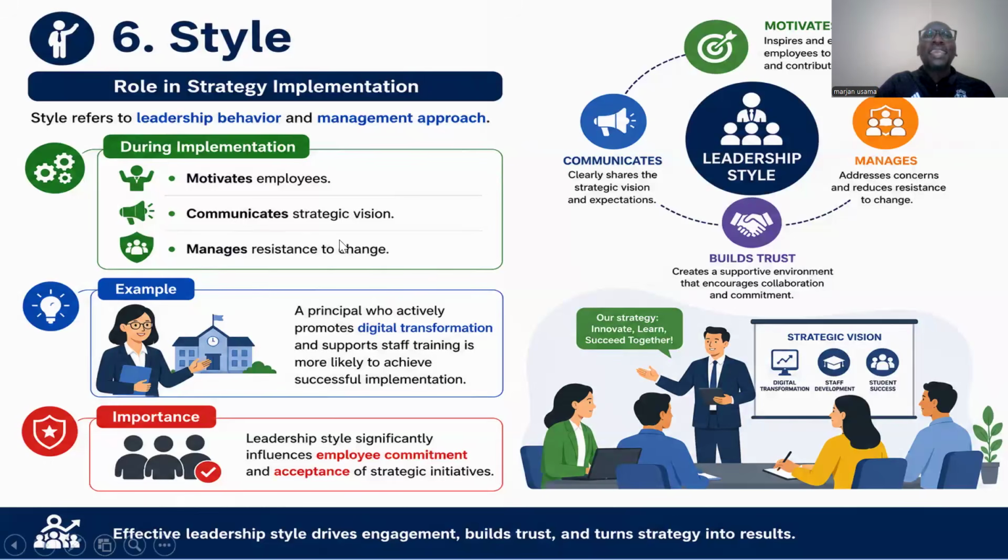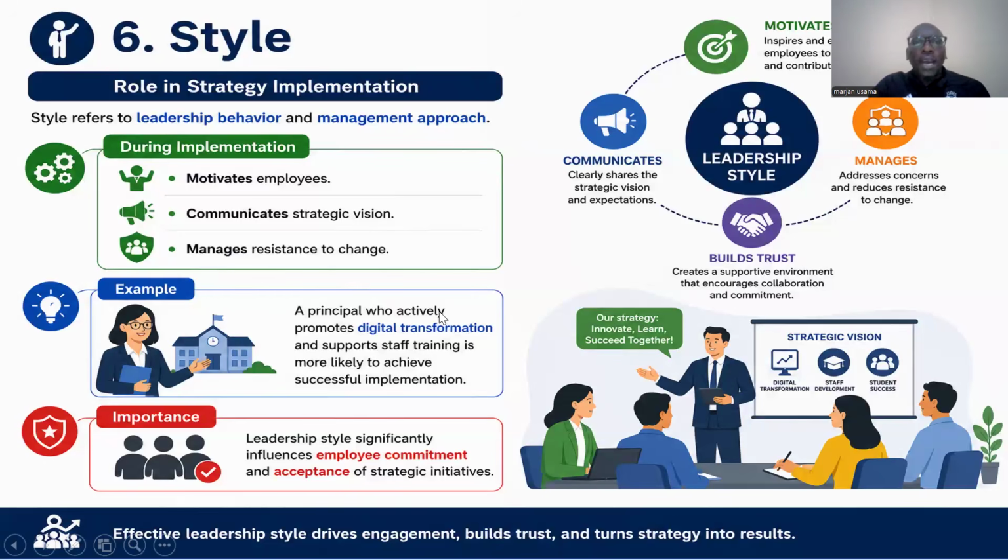Then lastly, manages resistance to change. A good leader can manage conflict. A good leader can manage resistance. Sometimes some people are saying, no, we are not going to do it. But a good leader can encourage them, can give them a reason as to why they need to work together to implement the strategy. So in our example of the school has a principal.